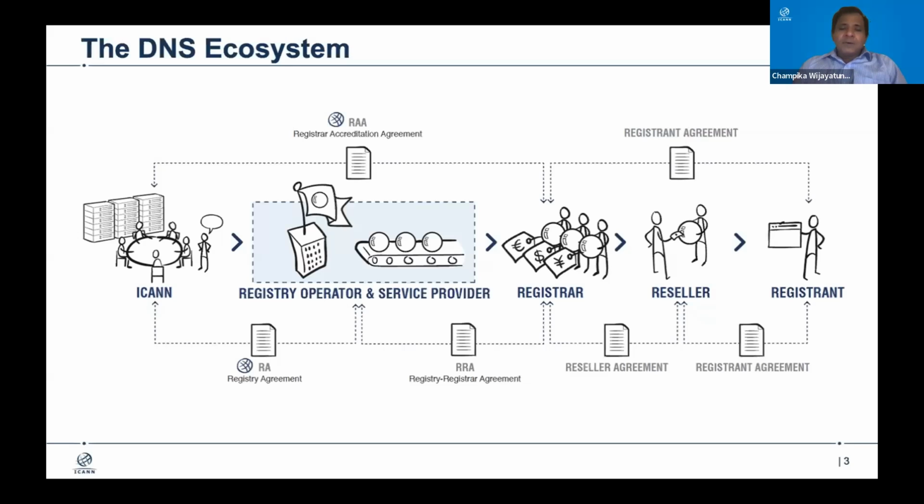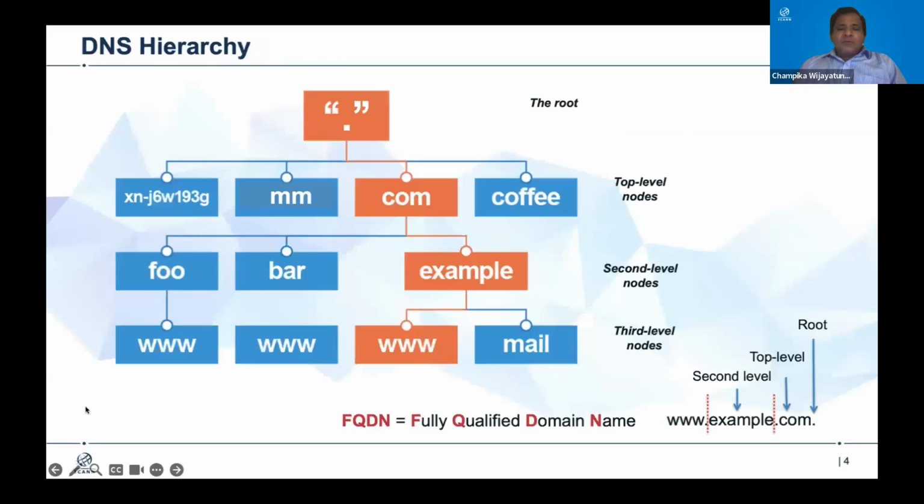There are lots of DNS abuse related matters that you may want to take up with these registrars, registries, and so on, or you may have to come to ICANN if it is related to compliance matters related to these domains. So it's good to have some idea of these administrative relationships, especially considering that DNS is an ecosystem where several parties operate in this space. Okay, let's now move on to the next slide.